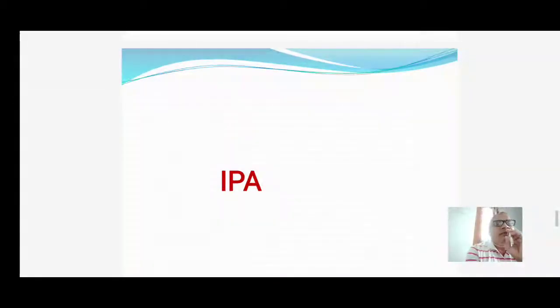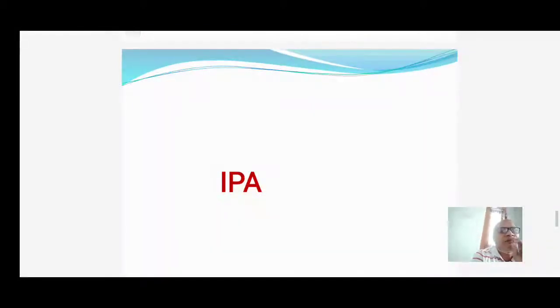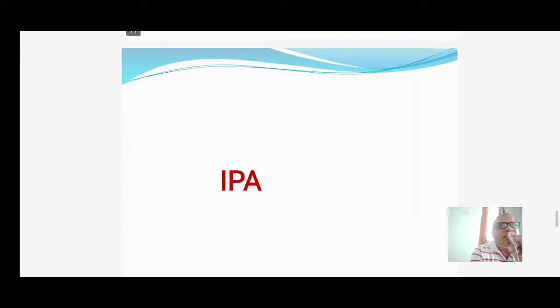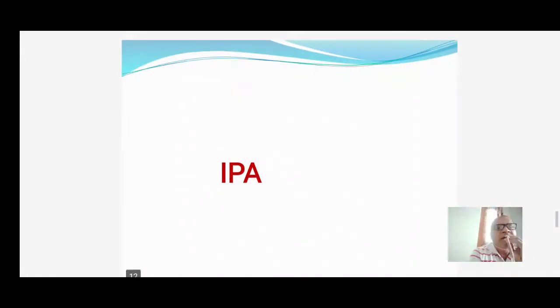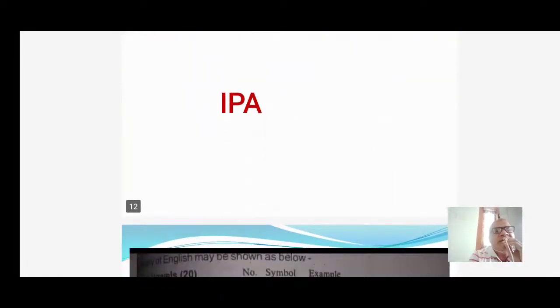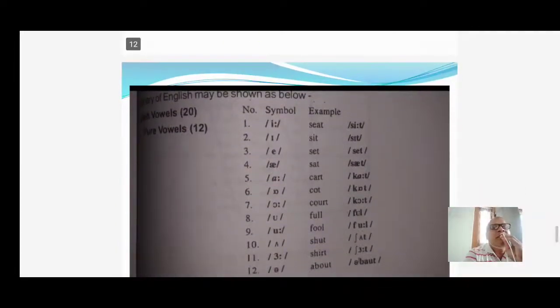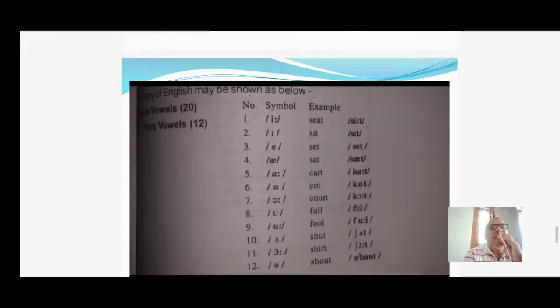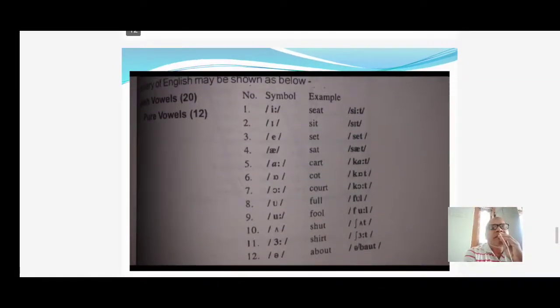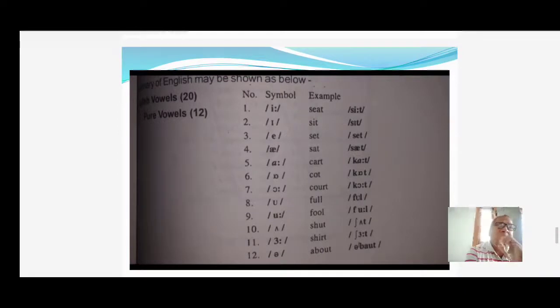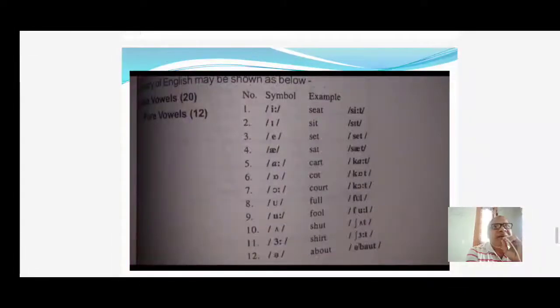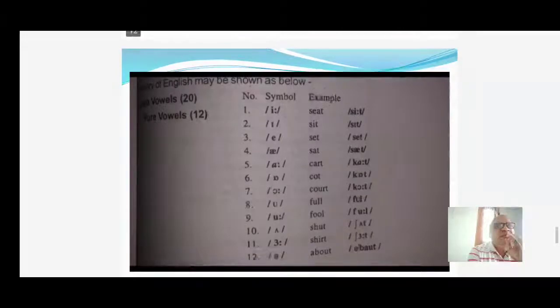I wrote it for you to learn about IPA. IPA stands for both the International Phonetic Alphabet and the International Phonetic Association. Here, this is the symbol of IPA, and in the International Phonetic Alphabet we have 44 sounds.